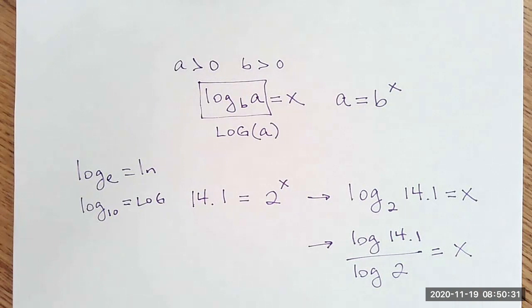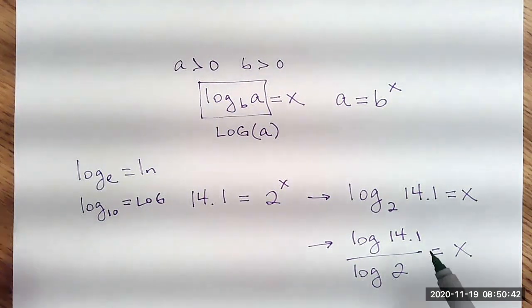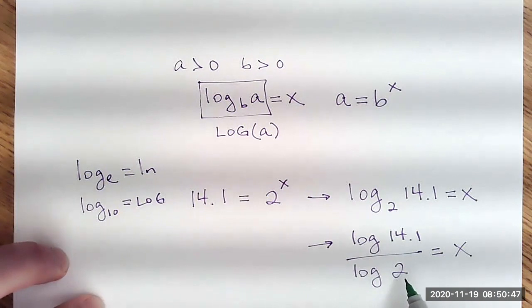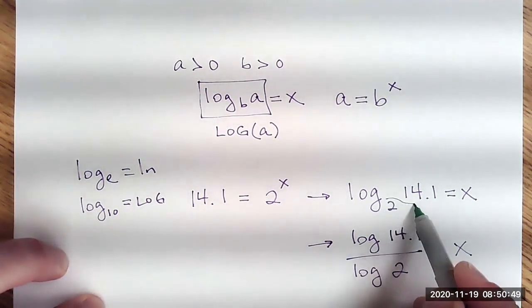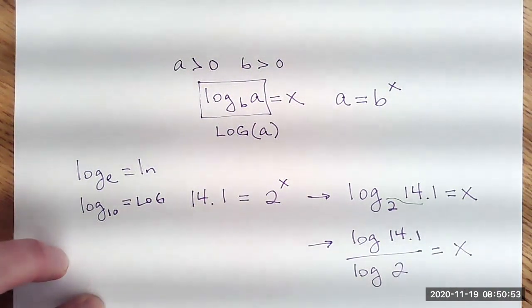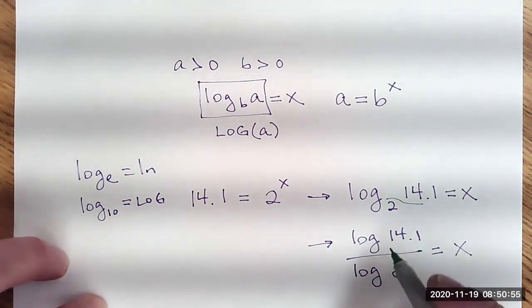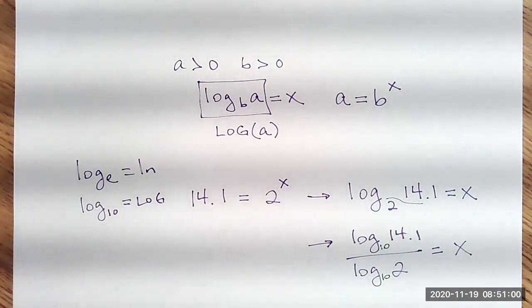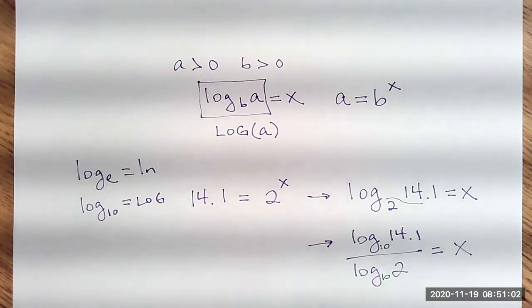Now this is a workaround that allows you to use different bases. The easiest way to remember this is that the subscript 2 is also the denominator. So 14 1/10 is the numerator, 2 is the denominator, and they're sharing the same base. You can use natural log or log base 10 to solve this problem.